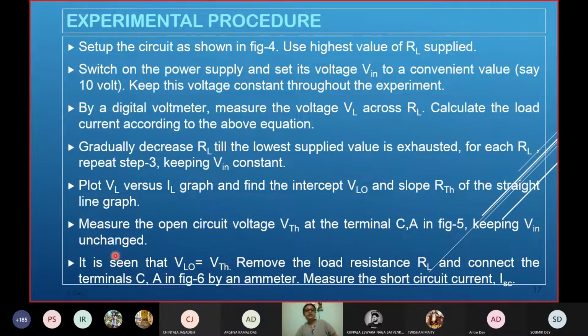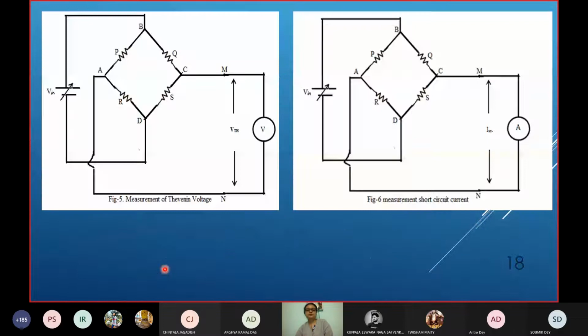If VLO is equal to V Thevenin, then we can say that this theorem is verified experimentally. This is how to measure the V Thevenin, and this is how to measure the short circuit current ISC. RL is shorted, that means it is removed, and the two terminals CA are connected through an ammeter to measure the short circuit current.